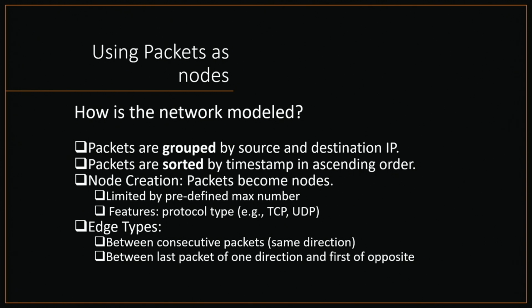An edge in this situation would be an edge between packets which are going in the same direction at a time. There could also be an edge between a packet which is going in one direction and another packet which is coming back, probably from the source.